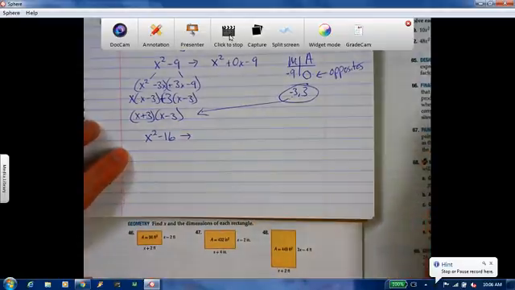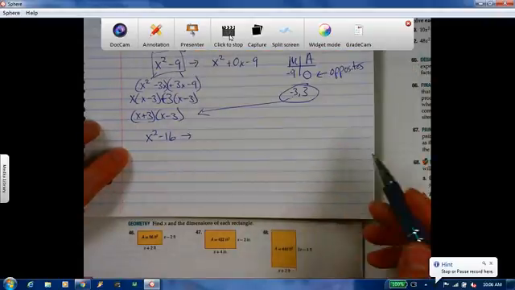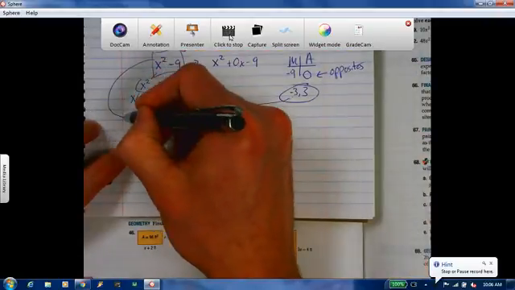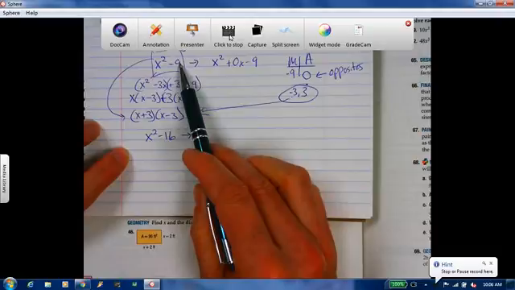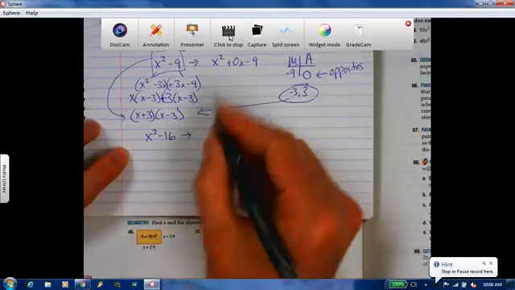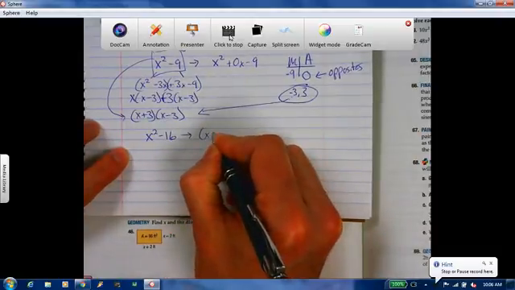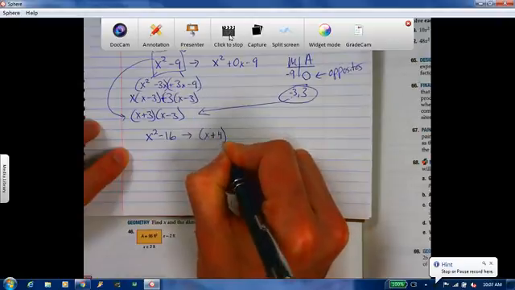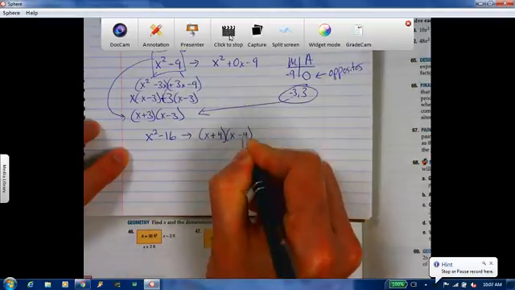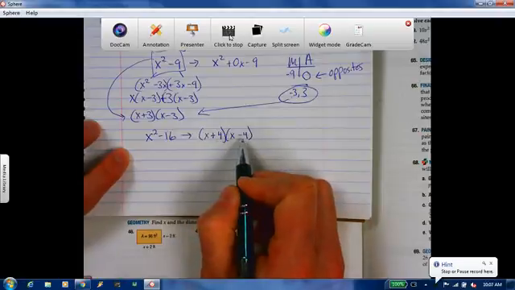Look at what we started with, look at what we ended with. X squared minus 9 was x plus 3 times x minus 3. So this one's going to be x plus 4 and x minus 4, because if you add 4 and negative 4, you get 0.